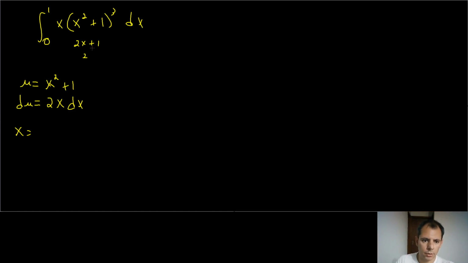It's complicated. But this time, what is the derivative of this? It's 2x, so you do have an x in the derivative of the inner function, and you have an x in here, so you're fine. You don't have to isolate the x. If you did, it was going to get complicated because you would have to say x equals plus or minus the square root of u minus 1, all right? It was going to get nasty.